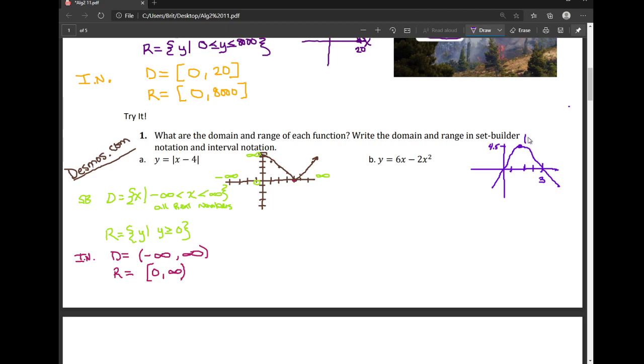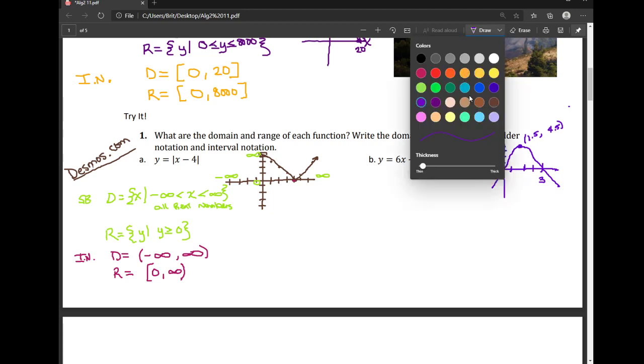Desmos is really nice because it gives you these points you can just click instead of having to remember how to graph by hand. I think that's all the points that we really need. You can put in your little tick marks if it makes you happy, but that's not really the focus. We're focused on domain and range here, not necessarily graphing it beautifully.